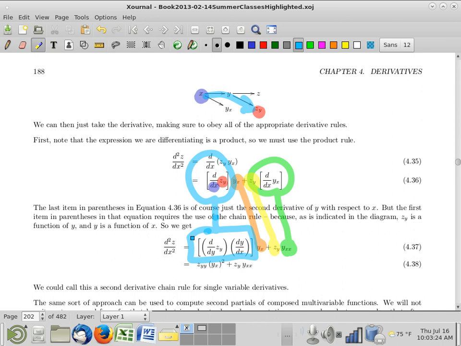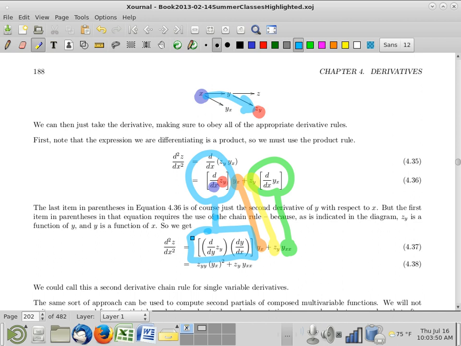All right, you look at the two different arrows. The x derivative of zy is the derivative of zy with respect to y times the derivative of y with respect to x. Now let me pause on that for a second. Does everybody see what happened? Everybody on board? Okay. Sure.